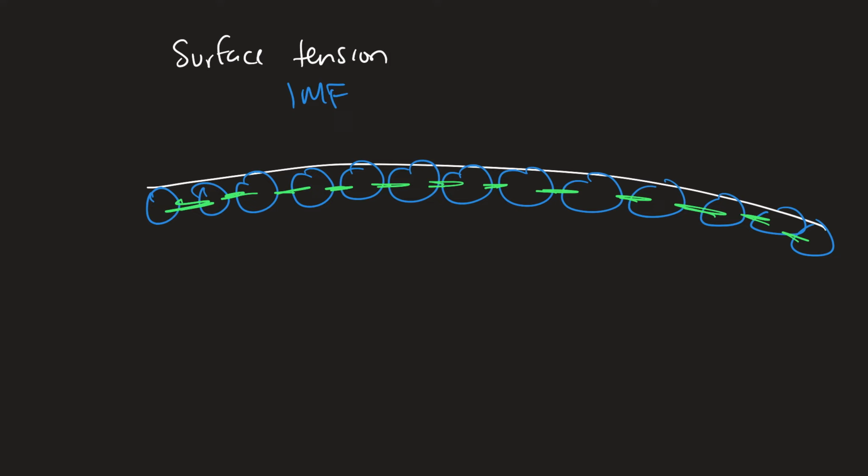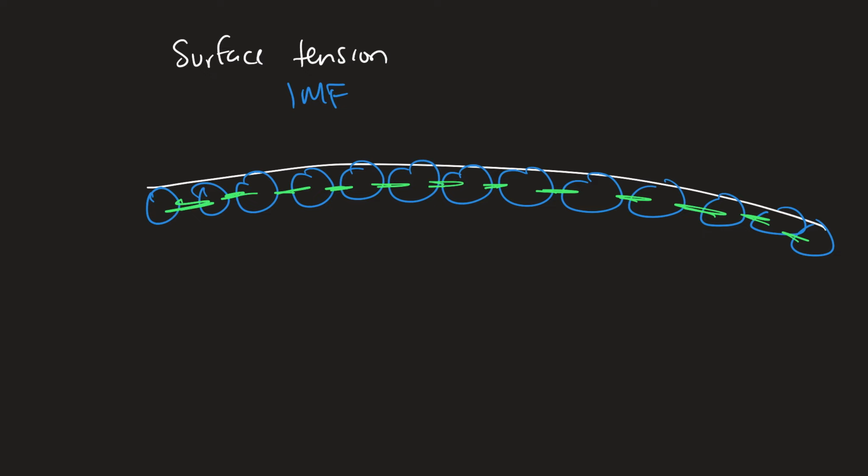Now, there are certain organisms that actually take advantage of this. Water typically has a relatively high surface tension, and this allows a lot of insects, like mosquitoes, to sit on water. They seem like they're standing on water. Certain insects are able to glide on water as well.